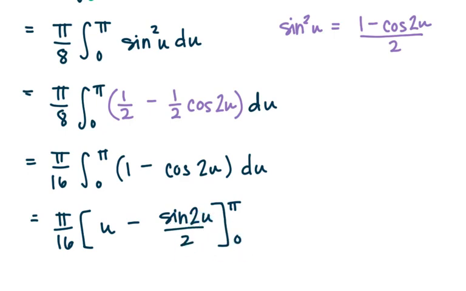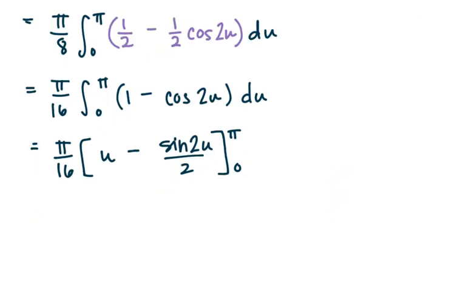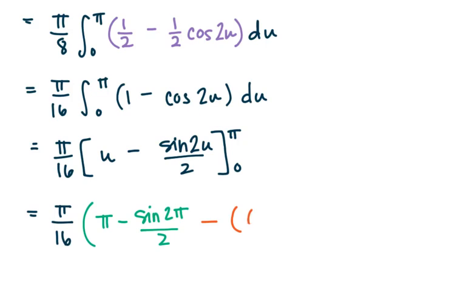So all of those are going to end up canceling out, but I'll work that out for us right here. So let's see. I have pi over 16, and that would be pi minus the sine of 2 pi over 2. And then we would have minus 0 minus the sine of 2 times 0 over 2.